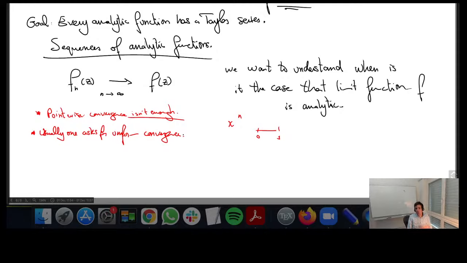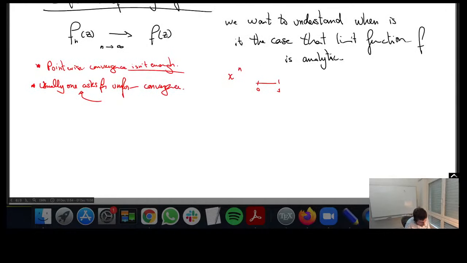Uniform convergence means that you can pick the same delta for all points z. So when you're trying to work out integrals, derivatives, limits, anything, you can always bound the error terms uniformly. So uniform convergence is usually asked for, and when you have it, everything is fine. And that's easy to show.